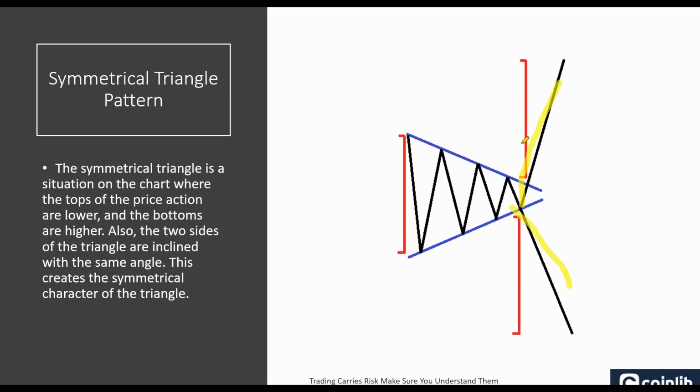But we know that the breakout, if it's a true breakout, will have the momentum to carry it to the width of the base of the triangle, which can be used as our target point, because we have to have a target point to set our risk management and our risk assessment.